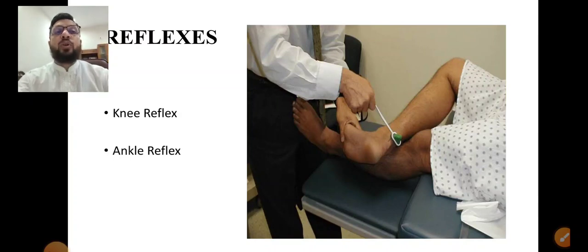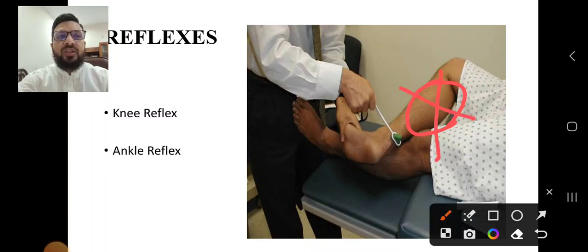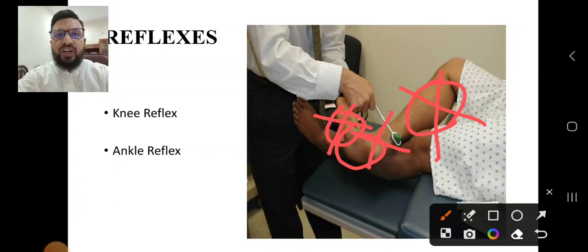For example, if you are performing this ankle reflex examination on the patient, and you have not exposed this gastrocnemius muscle, then your examination has failed. Or you are looking here, your examination has failed. Or you have not stabilized it with your other hand, then your examination has failed. So these are the key points while you are performing the examination.